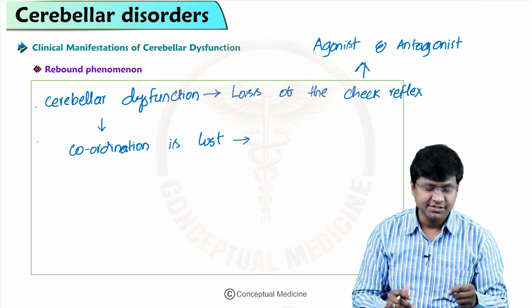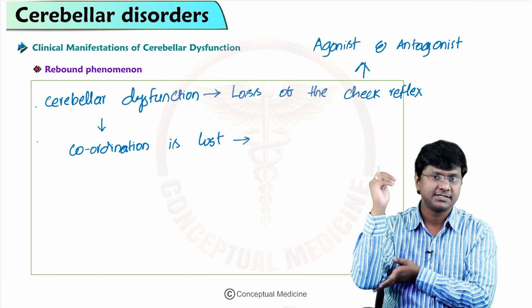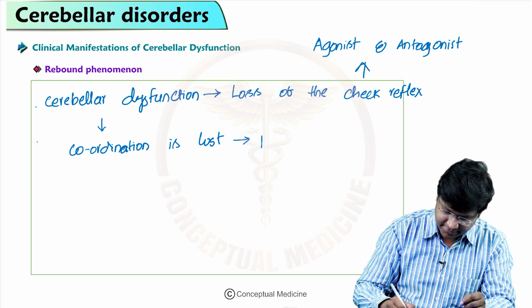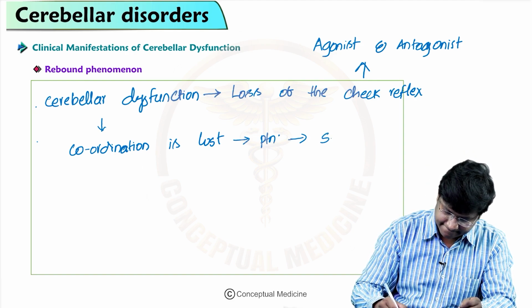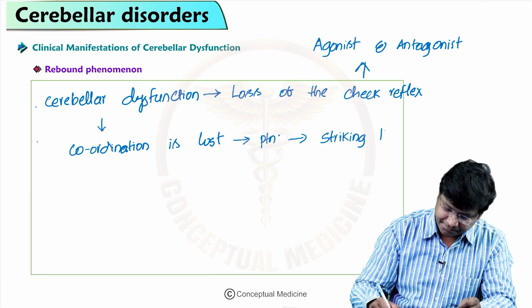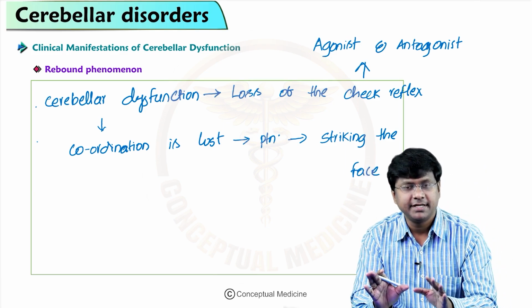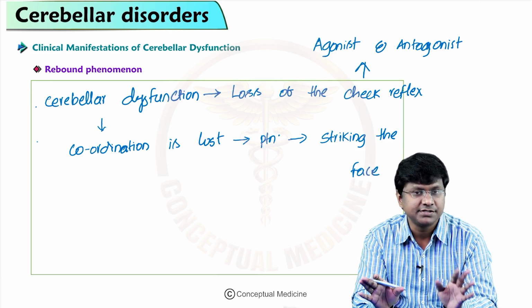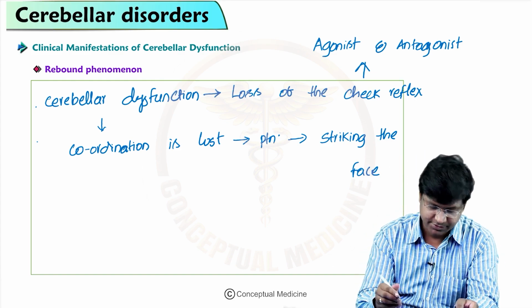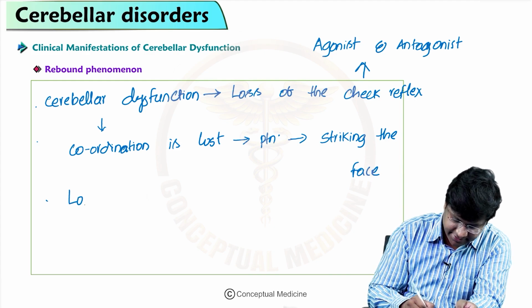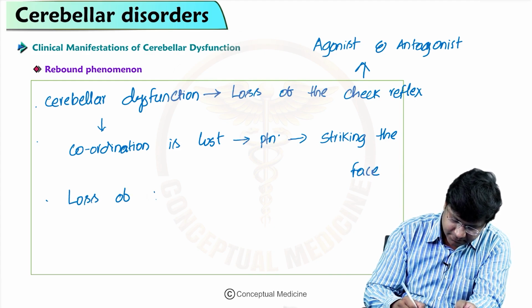So once there is cerebellar dysfunction, the coordination between the flexors and extensors is lost, and thereby the patient lands up striking the face. Ultimately the patient will strike his face with his hand, and this is what is called the loss of check reflex.